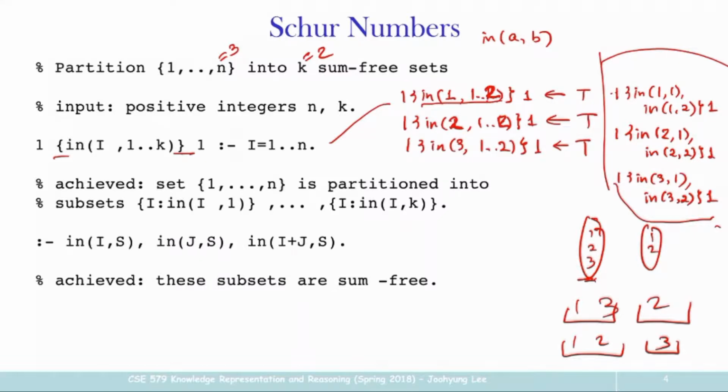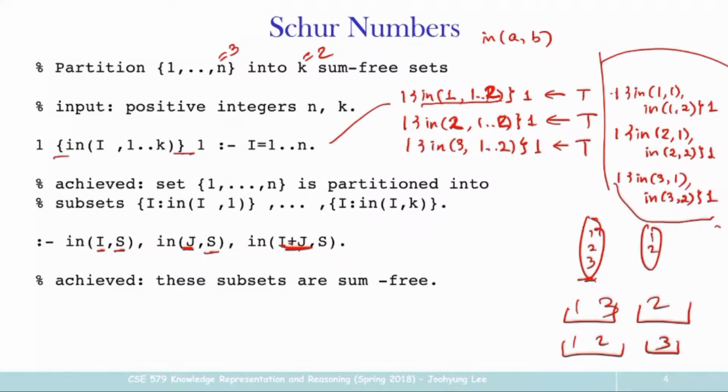So let me read this in English. If the number I is in the bucket S, and another number, maybe not necessarily distinct, but some number J is also in the same bucket S, and also their sum is in the same bucket, then this violates the constraint.